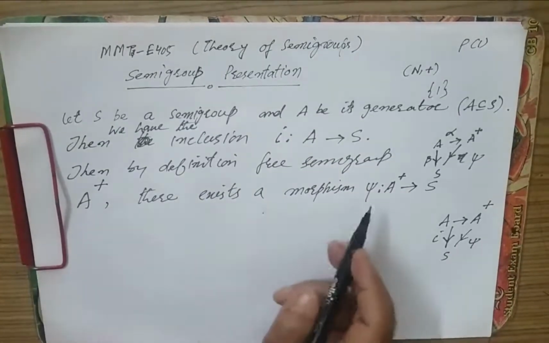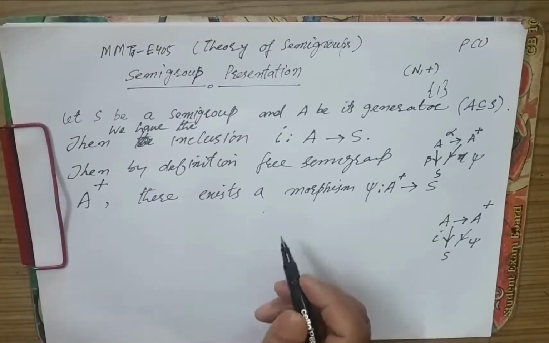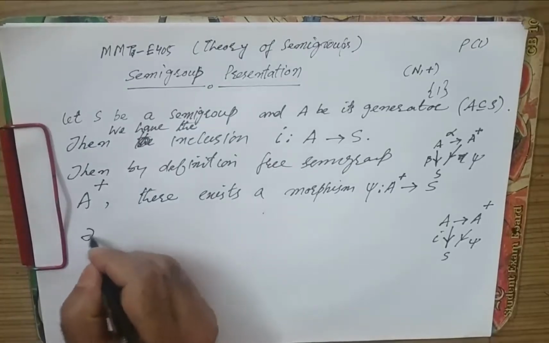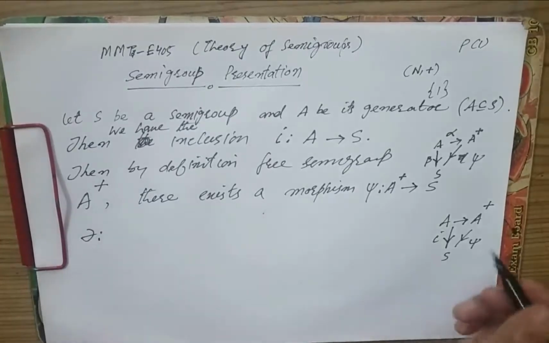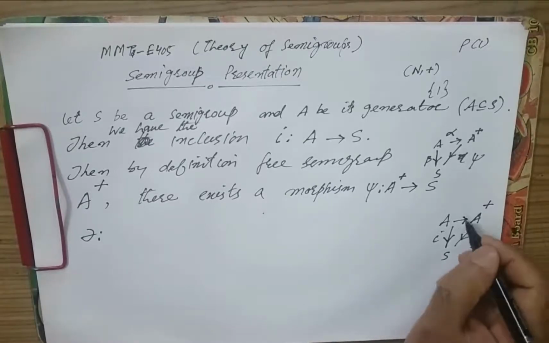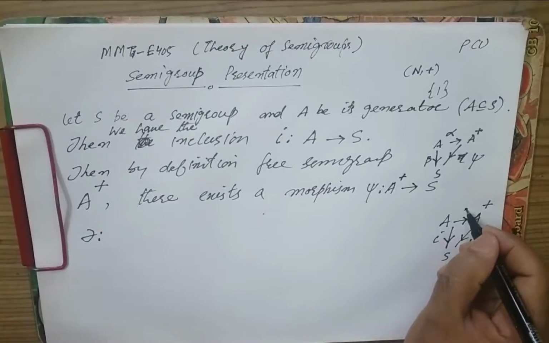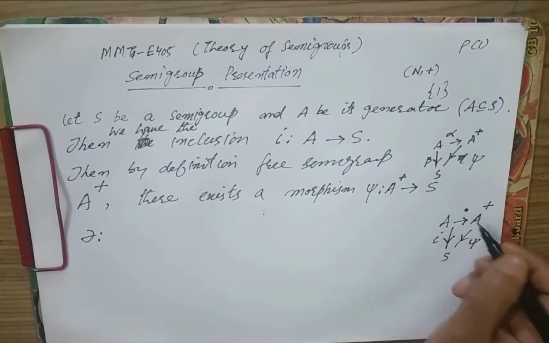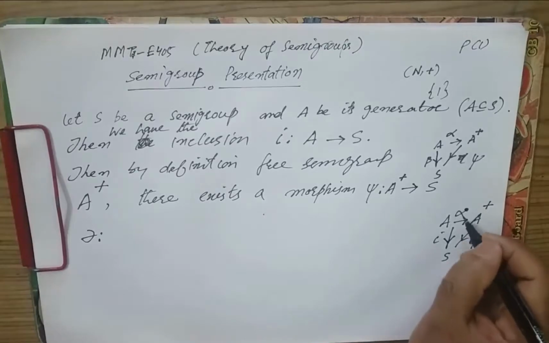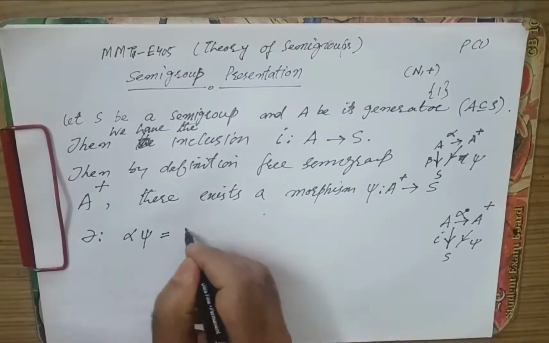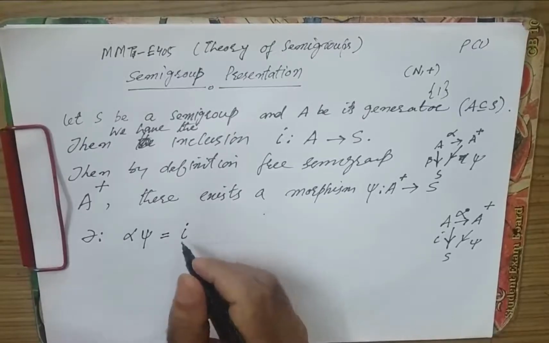There exists a morphism psi from A plus to S, such that alpha composition psi is equal to the inclusion map.